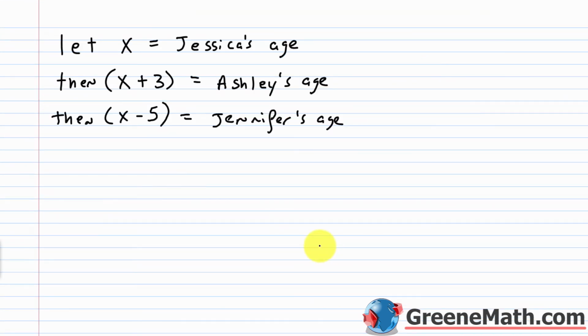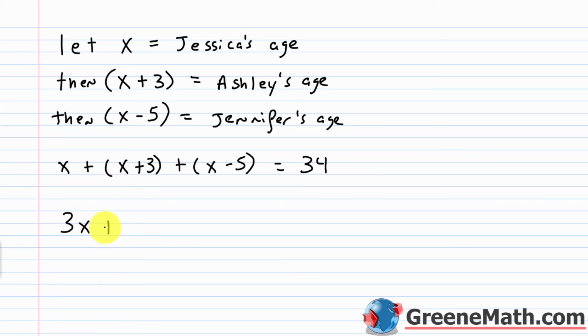So what that means is if I take X, which is Jessica's age, and I add it to X plus 3, which is Ashley's age, and then I add it to X minus 5, which is Jennifer's age, I should get a value of 34. So we simplify this. X plus X plus X is 3X. And then plus 3 minus 5 would be negative 2. So I can put plus negative 2, or I can just put minus 2. It doesn't really matter. So this is equal to 34.